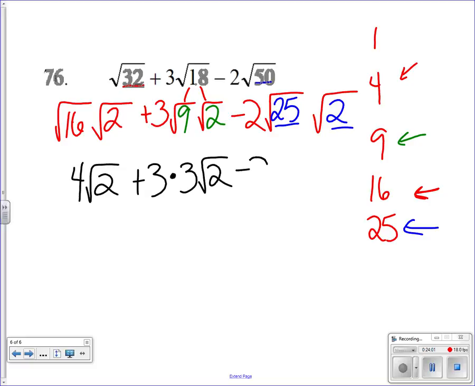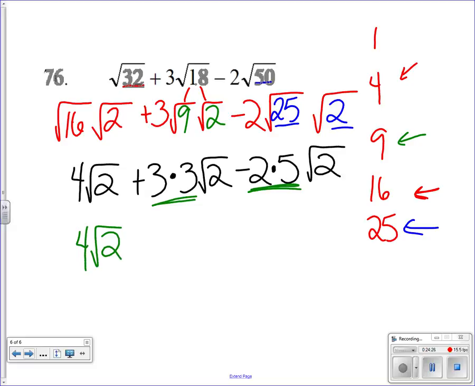Square root of 2. And at this point, we're going to go ahead and multiply our outsides with our outsides. So that really only happens here and here. This 4 root of 2, we'll just rewrite 4 root of 2. So 3 times 3 comes out to be 9 square root of 2. Negative 2 times 5 comes out to be negative 10 square root of 2.